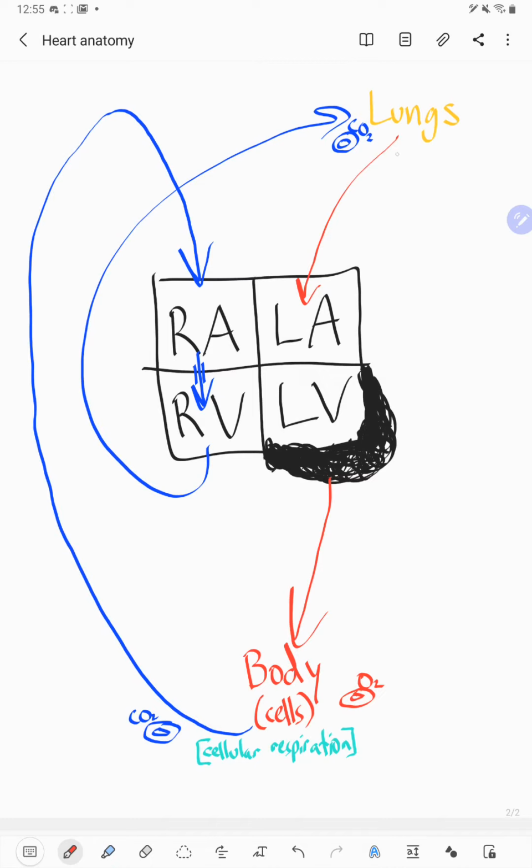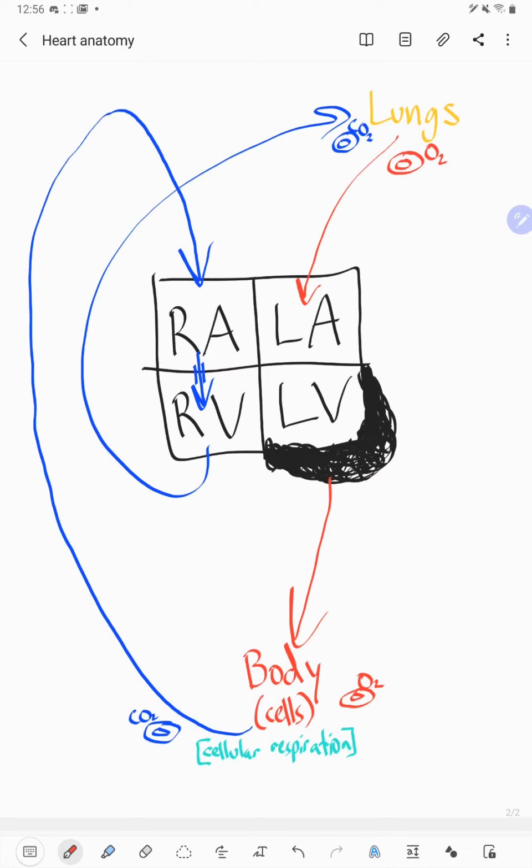But when they exit the lungs, they're going to be red blood cells with O2 attached to them. So again, when we breathe out, we're breathing out this carbon dioxide, we're kicking it out of the body. And then when we breathe in, we're breathing in oxygen, and that's going to get attached to those red blood cells.